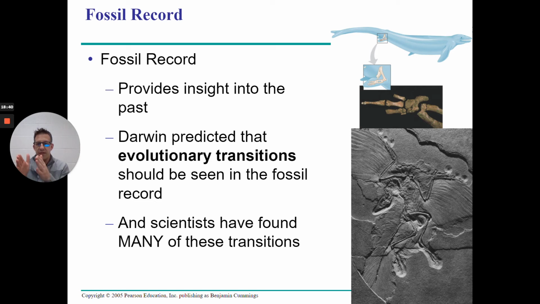They have all of these transitional fossils. So we've got humans here, and we've got the most primitive apes here, and they've seen a lot of little stepwise fossils and bone structures all the way up through, but there's always that missing one. And that's why I put down here that scientists have found many of these transitions, but they haven't found them all, okay?